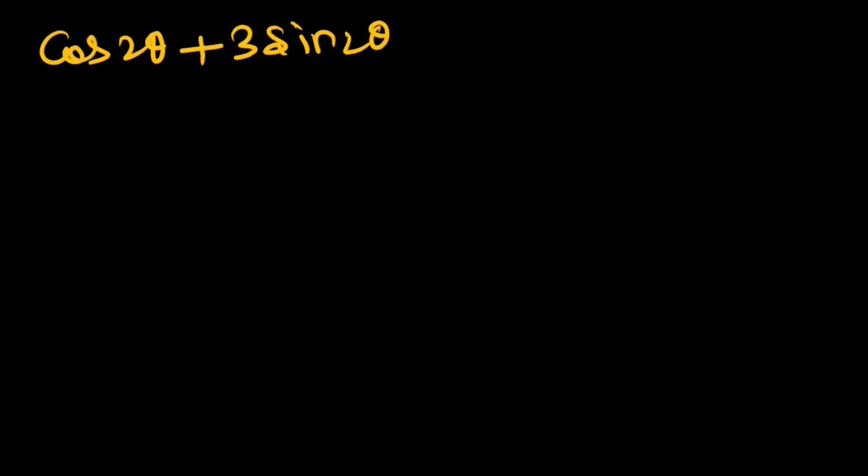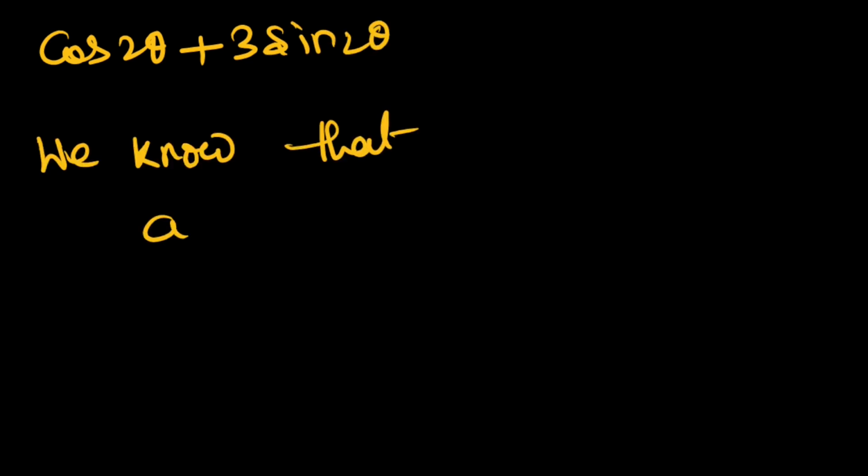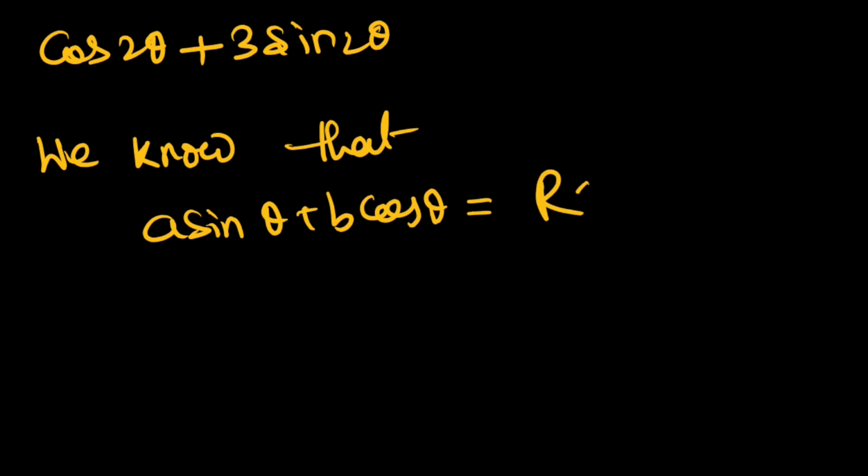So we know that a sin theta plus b cos theta can be written as r sin of theta plus alpha. Any function of this type can be written as r times sin of theta plus alpha.